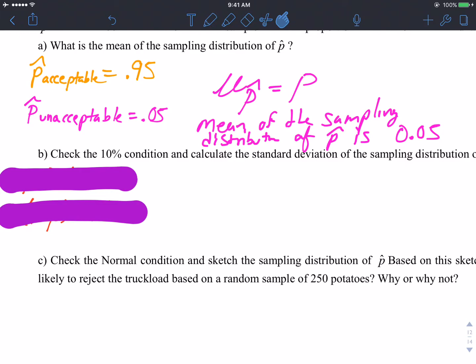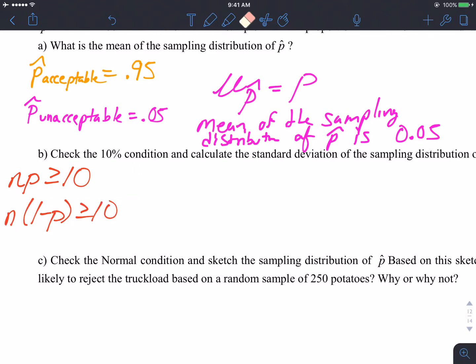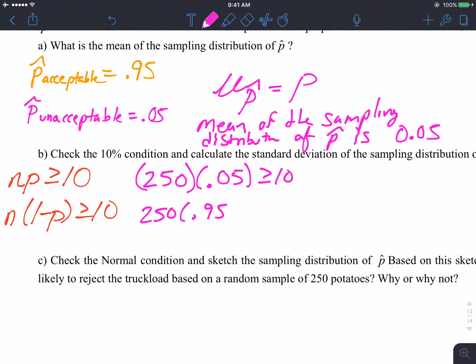Let's check the 10% condition, and if the 10% condition works, then we should calculate the standard deviation of the sampling distribution. Here's the condition again. We have 250 potatoes, and 0.05 times 250 needs to be greater than 10, and 0.95 times 250 needs to be greater than 10.